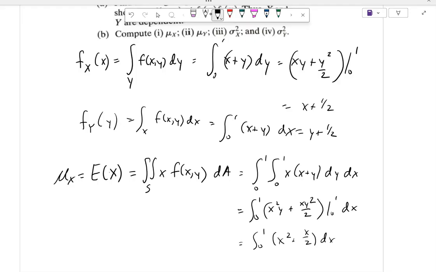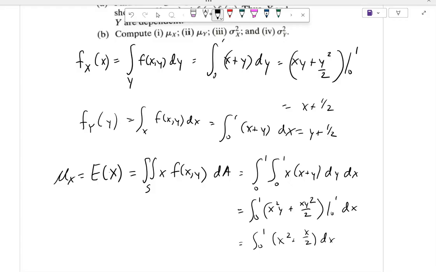Notice now we're integrating over 0 to 1 of x squared plus x over 2. And this is what I was just mentioning a minute ago. Isn't this x times the marginal? I could have just done it that way to start with. I didn't need to do this extra bit of work here. I've already done half the work already, right? I found the marginal.